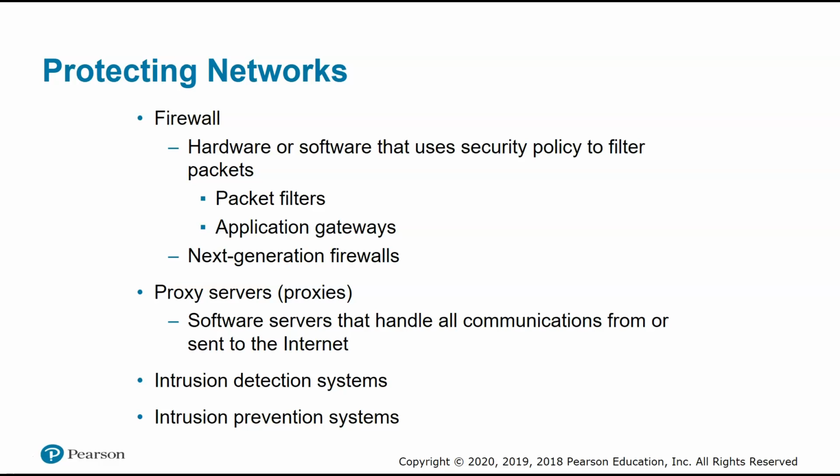We can also have what we refer to as application gateways, which can ensure that certain types of applications that could be damaging to computers or our network are not allowed to pass through the firewall. We can also use what we refer to as proxy servers, which means essentially you're relaying inside and outside the network to a server that's outside the network to allow you to communicate while keeping integrity on your own network. So again, a proxy server is very similar to a firewall.